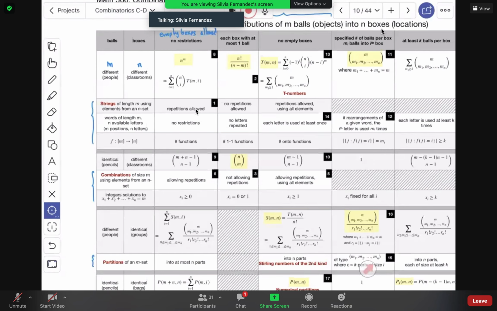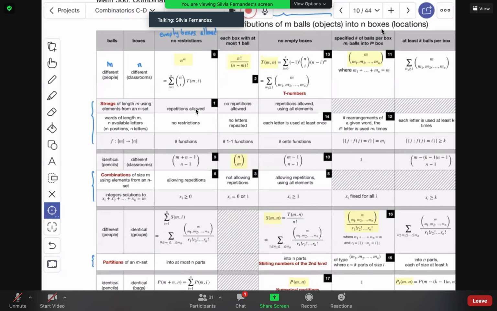So this is a specified number of balls per box, m_i balls into the ith box. In all of the others, we didn't specify how many balls per box. We just said we have a total of n balls into a total of n boxes, but we didn't say exactly how many balls need to go into each box.